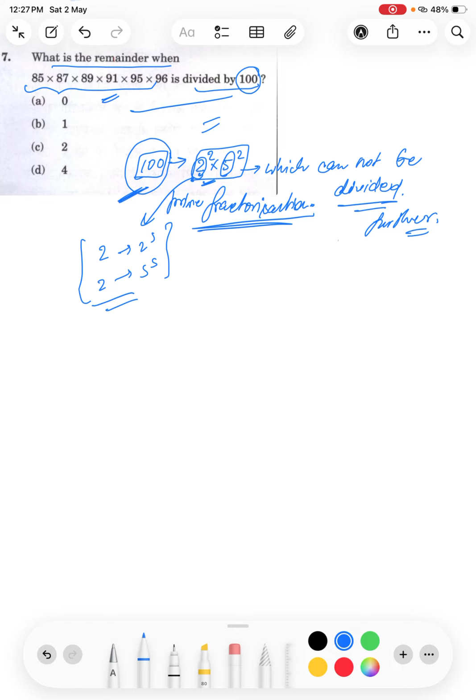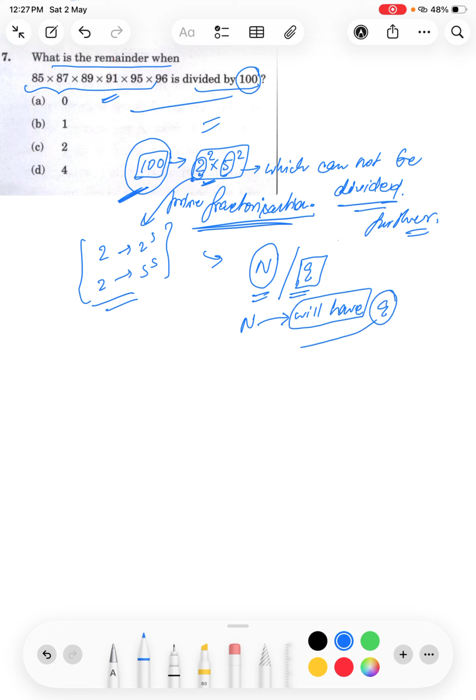Now moving on, when we say something is completely divisible by something, then what it simply means is that N will have Q in itself as a factor, right?